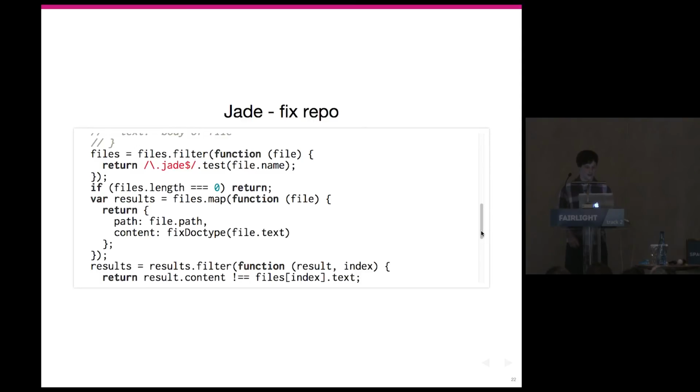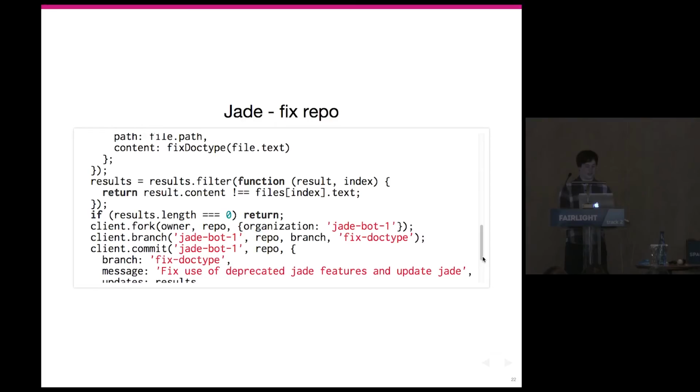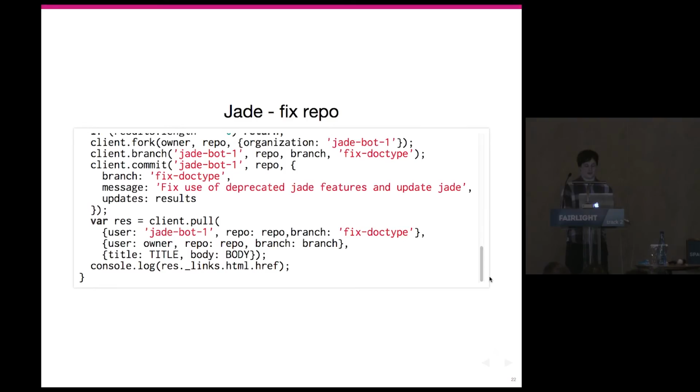If there are some Jade files, then it will attempt to fix the doc type on each of those files. And then it will see if that resulted in any changes. And if it did result in some changes, it will fork that GitHub repository into an organization called JadeBot1. Then it will commit to that repository.